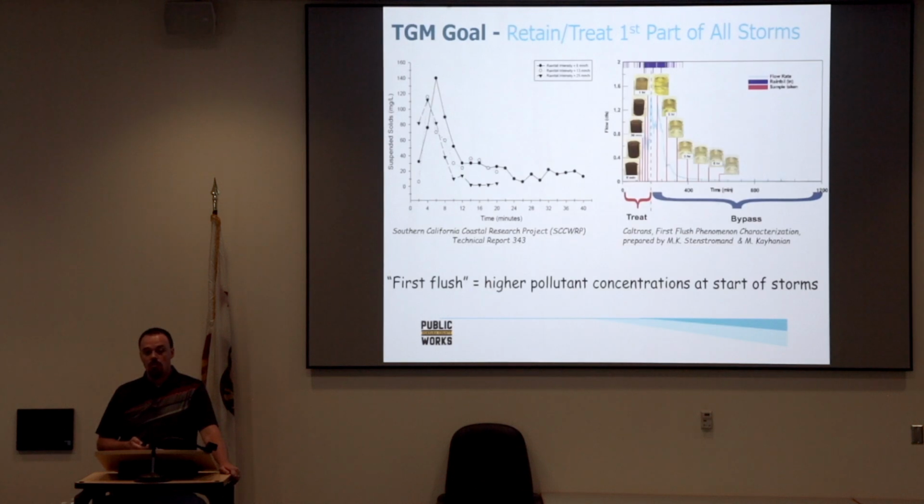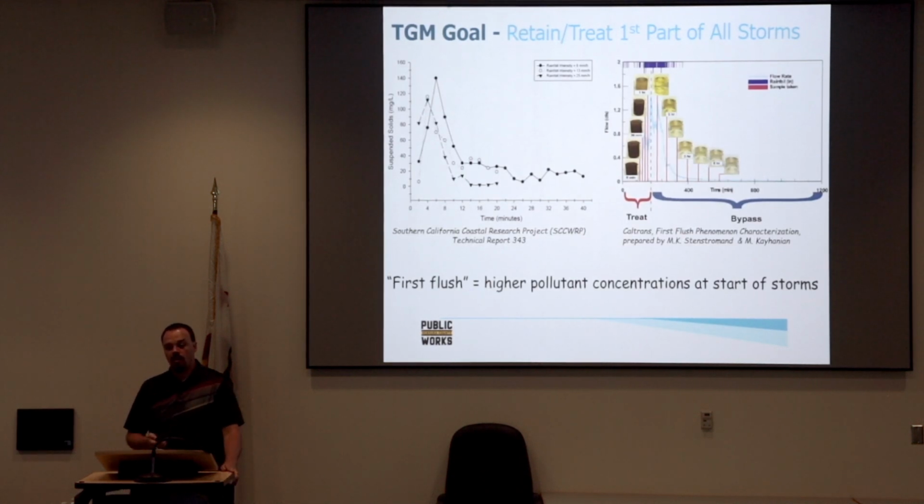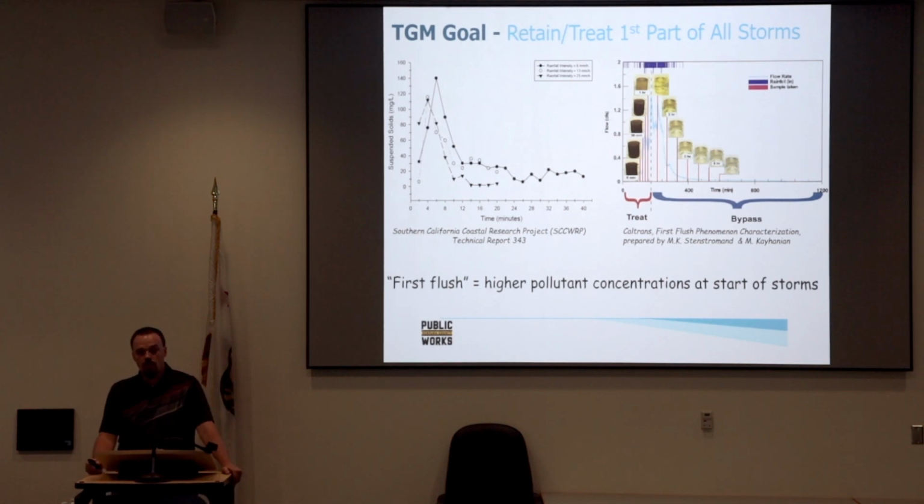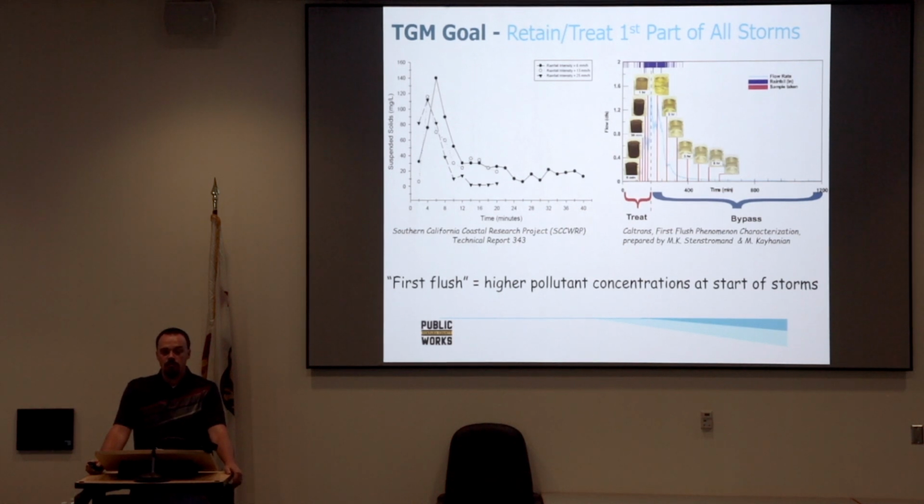And I'll talk right here about why that's important. What I've referenced from SQURP as well as Caltrans in regards to urbanization, and in particular these are studies of parking lot runoff. Both studies identified, and there are plenty of other studies out there that identify, a first flush effect. When it's dry and not raining, there's oil dripping off cars, there's metal, everything like that that sits on the surface.